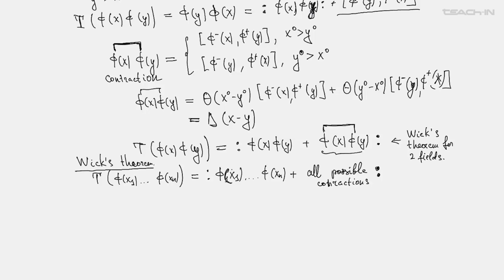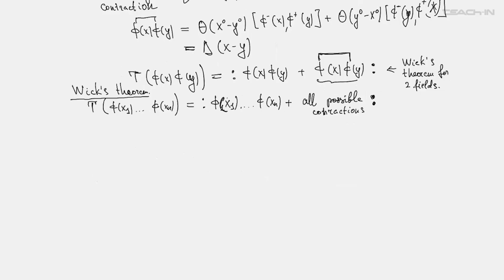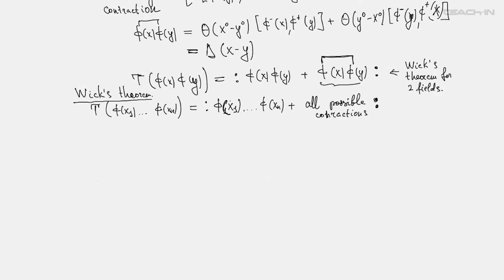Before I indicate the proof of this theorem, let me give you a simple example. Suppose we have four fields. To explain this in a compact way, let me denote phi depending on xi simply as phi i, and not write the argument explicitly.